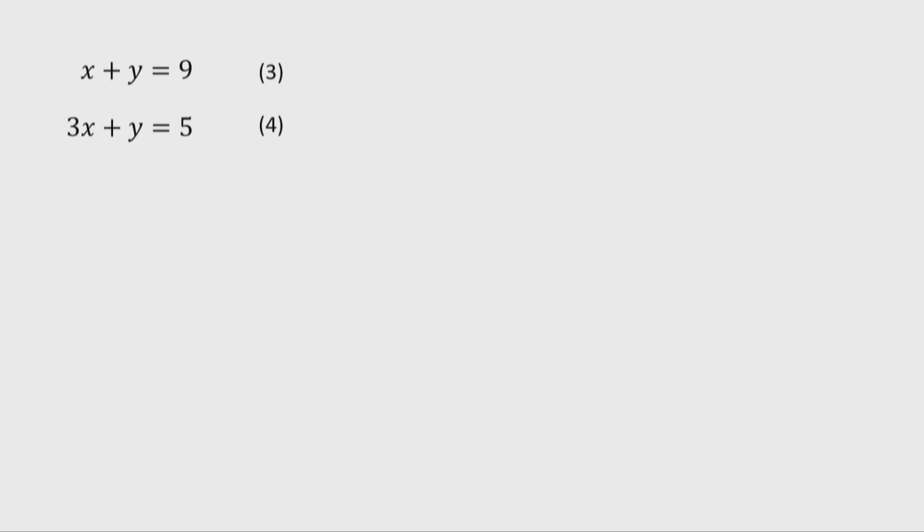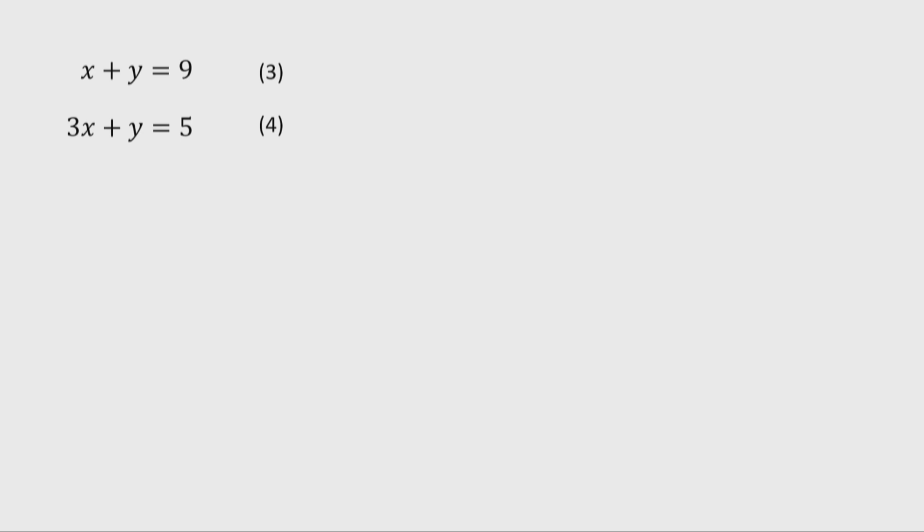In this case, I can see that the coefficient for y in equation 3 is 1 and in equation 4 is 1. We have the same coefficient for y. I check the sign in front of y, plus in both equations. So remember, when we have the same sign, we subtract.